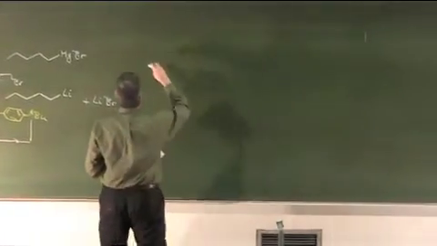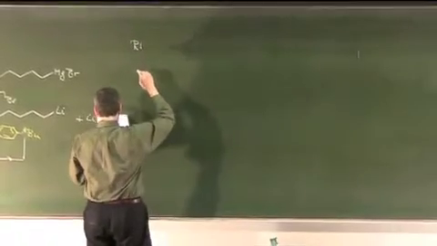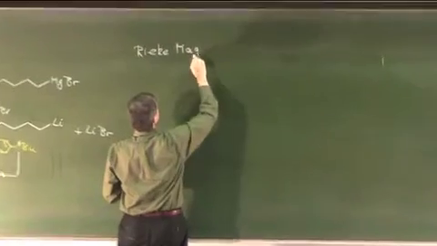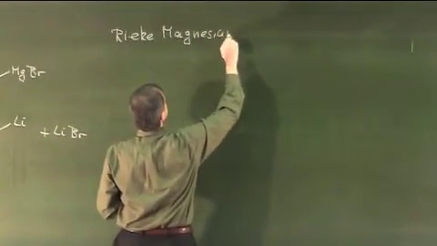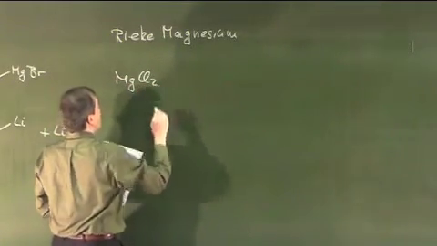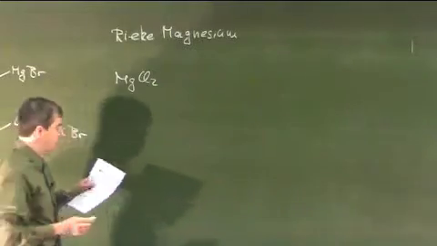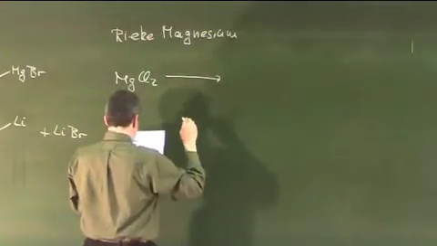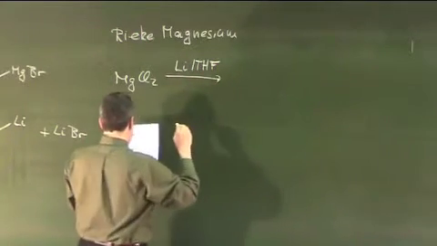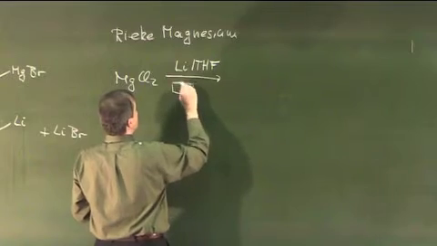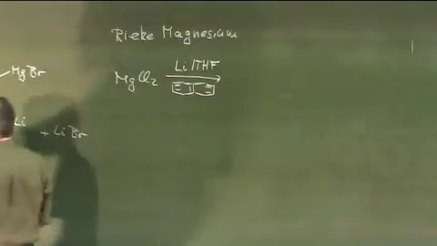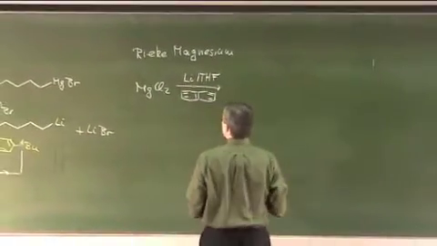And another trick you can use is the so-called Rieke magnesium, where you start from the magnesium salt, magnesium chloride, and you treat it with a stoichiometric amount of lithium in THF in the presence of naphthalene, which has a similar effect here like the tert-butyl biphenyl.